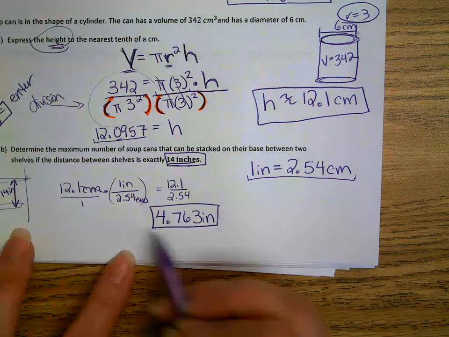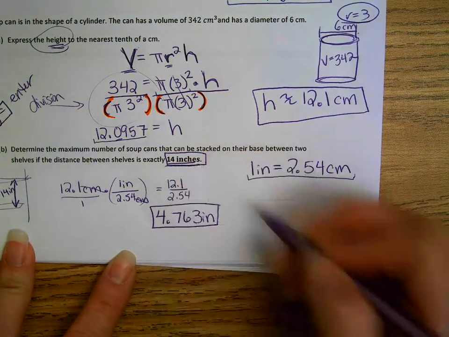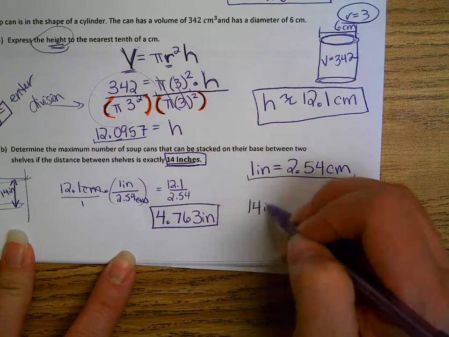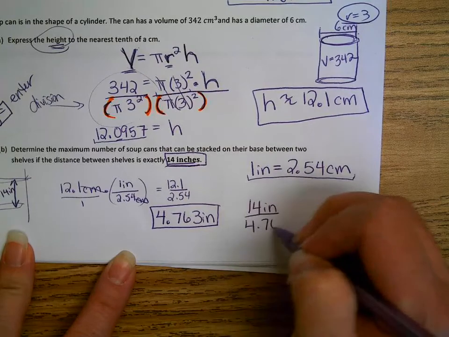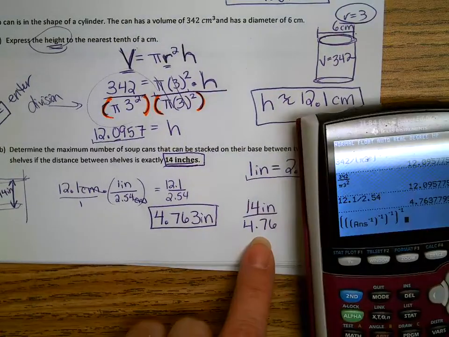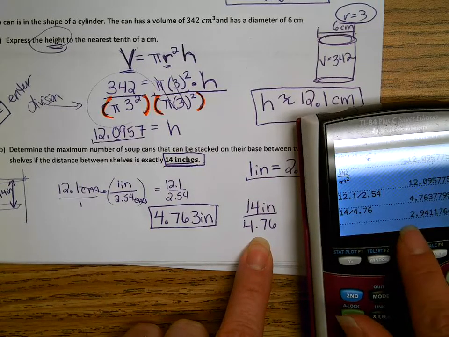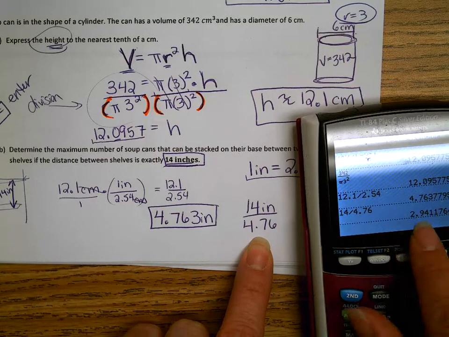But we need a shelf that's 14 inches high. So 14 inches divided by 4.76 inches, again, I'm keeping some decimals. 14 inches divided by inches will tell me I can stack about 3 soup cans.